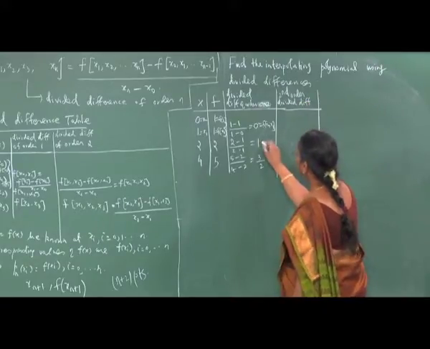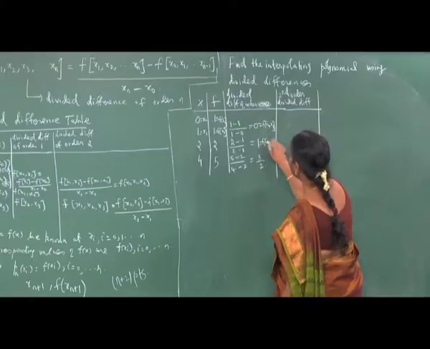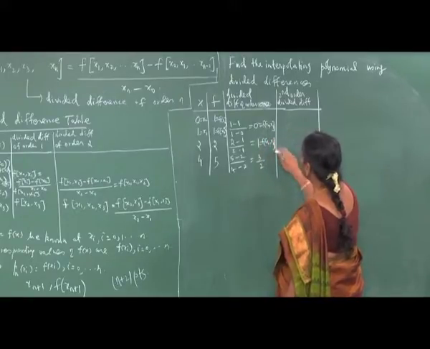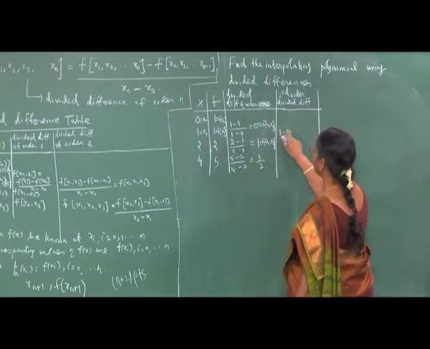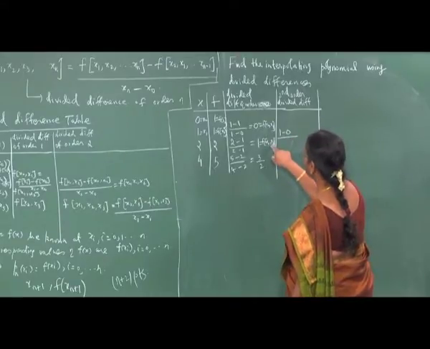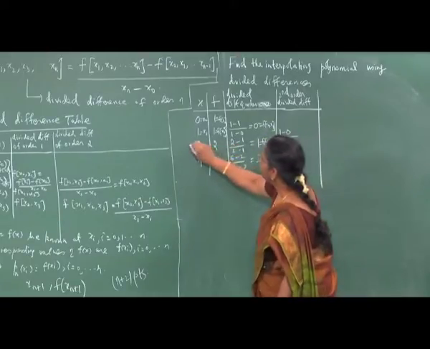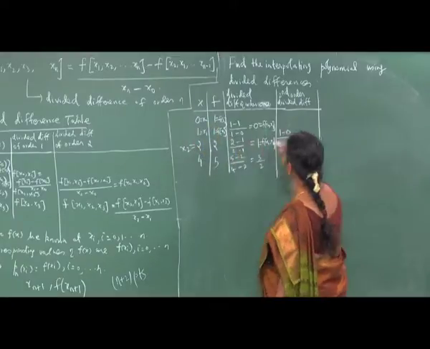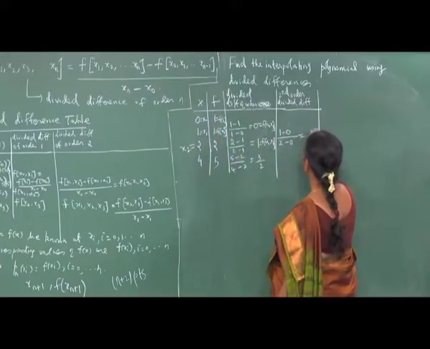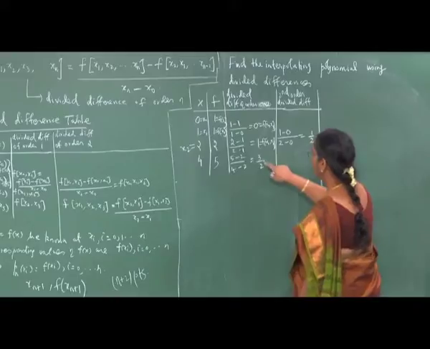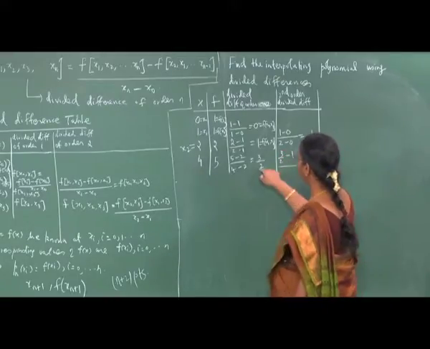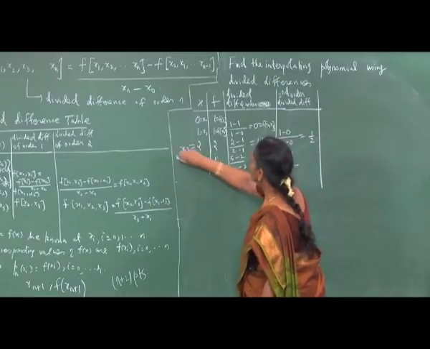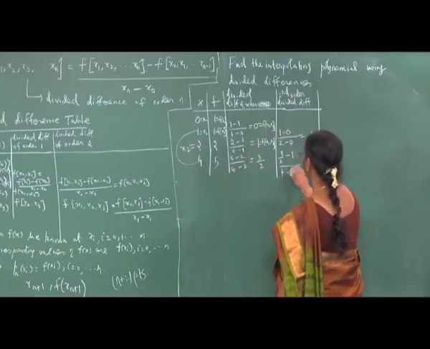This is by notation f of x1 x2. How do you compute the second order difference? The difference between the successive first order differences, so 1 minus 0 divided by x2 minus x naught. So, 2 minus 0, so it is half, and then 3 by 2 minus 1 divided by x3 minus x1, so 4 minus 1.